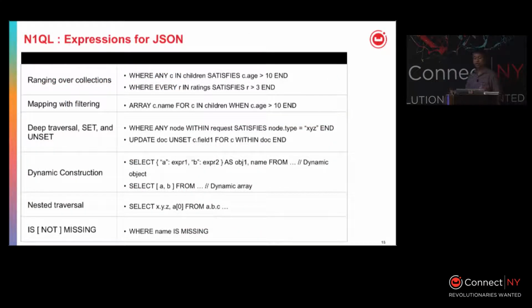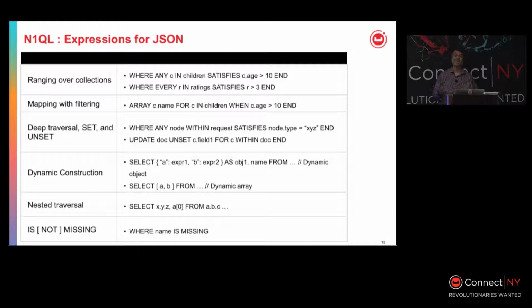Okay, so unnest was a simple operation on arrays. When you have arrays and objects, you need language extensions to filter and operate on the nested representation of data in JSON. That's what we have done. You can range over collections with any and every predicate. You can create arrays with the array expression. You can do deep traversal of the JSON using the within clause.